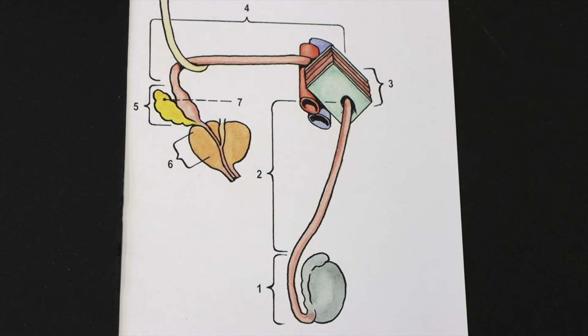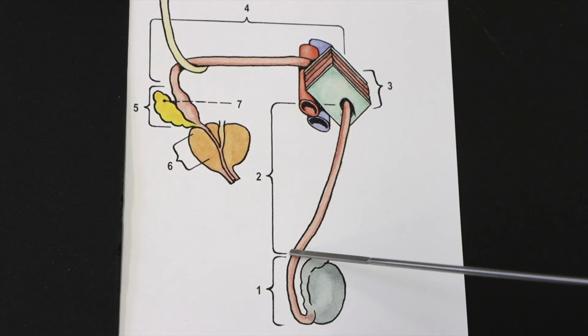In the beginning it is convoluted, and then it becomes straight. During its pathway, the ductus deferens has different parts. The part that is parallel with the epididymis, passing superiorly, is called the scrotal part, or the epididymic part of the ductus deferens. This is according to the pathway of the epididymis or the scrotum.